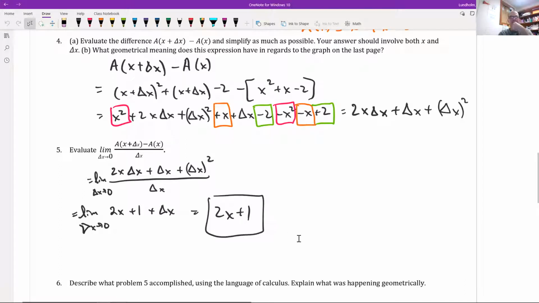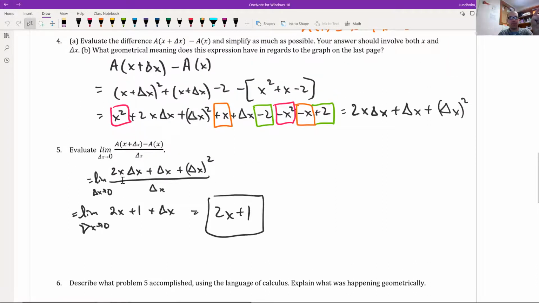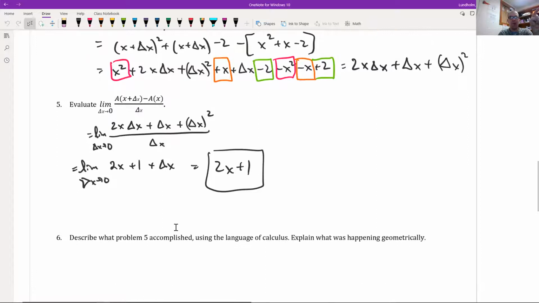Curious. All right. So if we describe what we just did, taking this limit as delta x goes to 0, we took a derivative. This is the limit definition of the derivative.